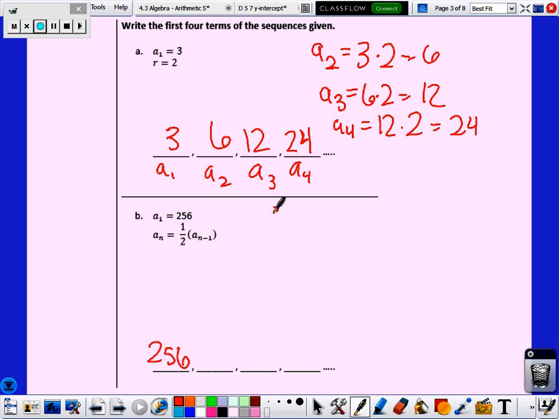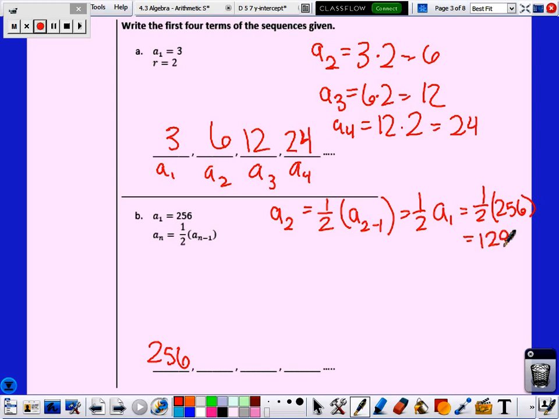So if we want to find a sub 2, our second term, we're going to take 1/2 of the term that came before a sub 2. So a sub 2 minus 1. This means 1/2 of a sub 1. A sub 1 was 256. 1/2 of 256 is 128. So we can write 128 for a sub 2.